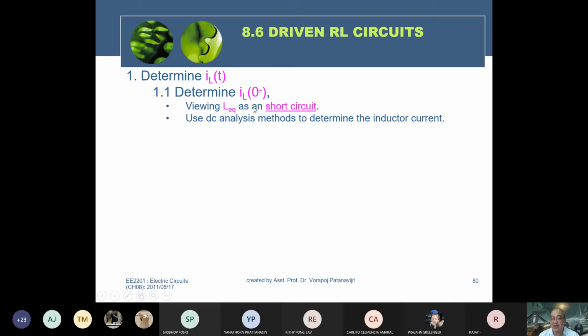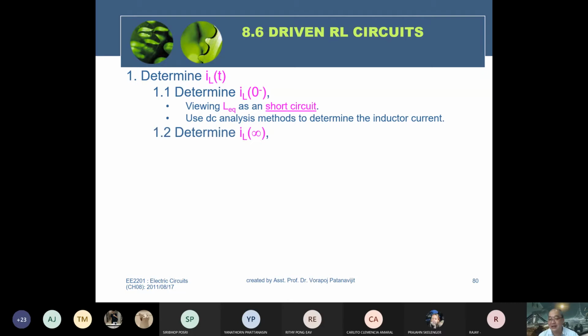First, determine the inductor current for time less than 0. For that time, we treat the inductor as a short circuit, because the circuit has been supplied by the DC source for a long time. The inductor performs like a short circuit, and then you use the DC analysis method to determine the inductor current.